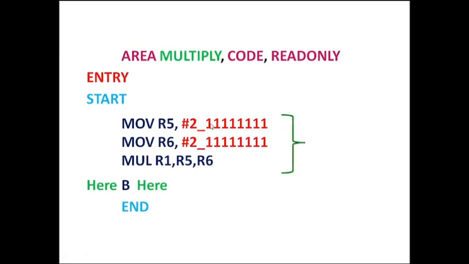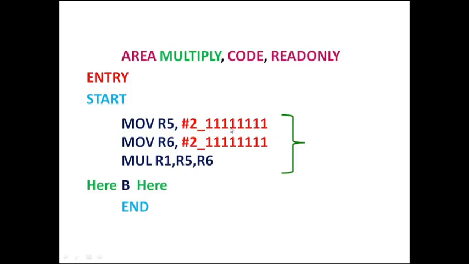So this is the program. The same registers R5 and R6 I am making use of, but I am feeding in binary numbers. But how to specify the binary numbers? This is the way you can feed in the binary numbers. It should be specified in this way: hash 2 underscore followed by an 8-bit binary number.